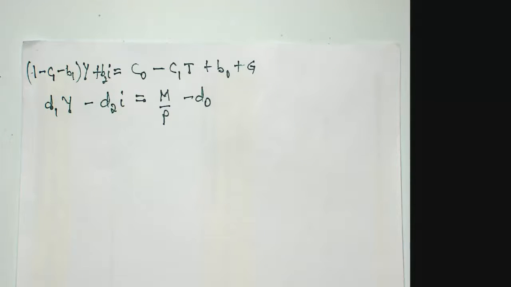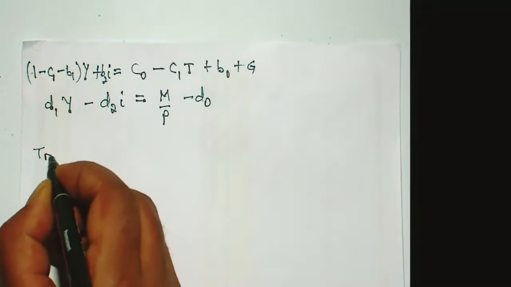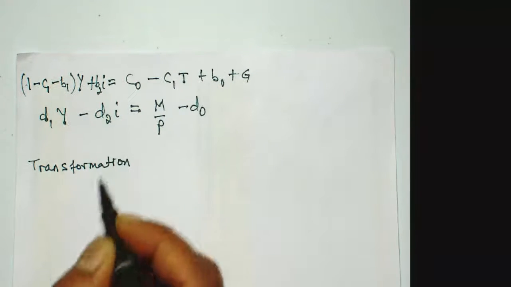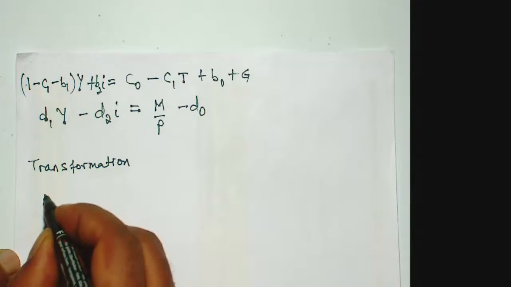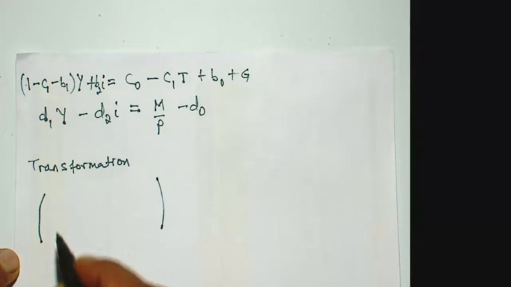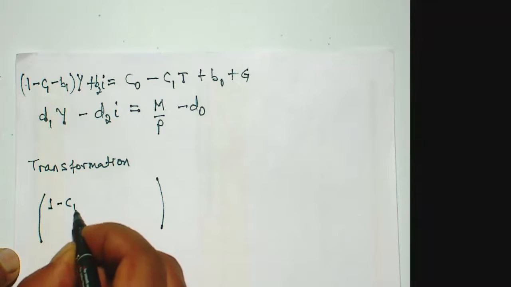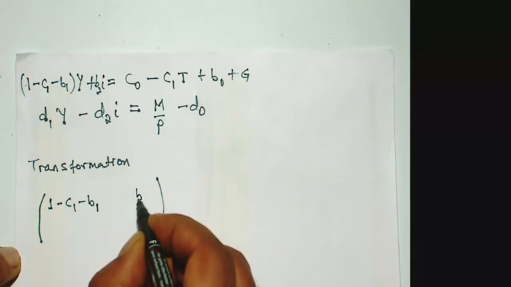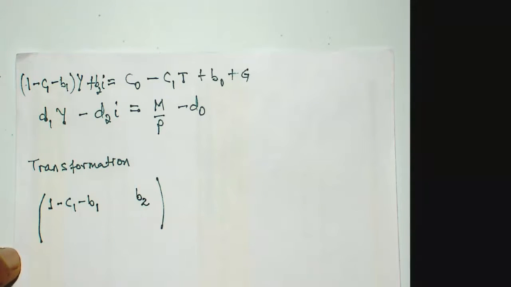So we have these two systems of linear equations, and what we have to do now is transform this into a matrix representation. The first thing we have to do is the transformation, which can be written as follows. First we represent our A matrix as we have seen earlier. So I would have 1 minus C1 minus B1 as the coefficient of Y in our IS curve, and B2 as the coefficient of I in our IS curve.